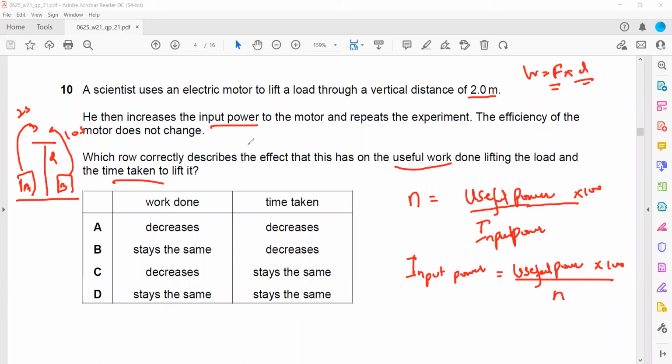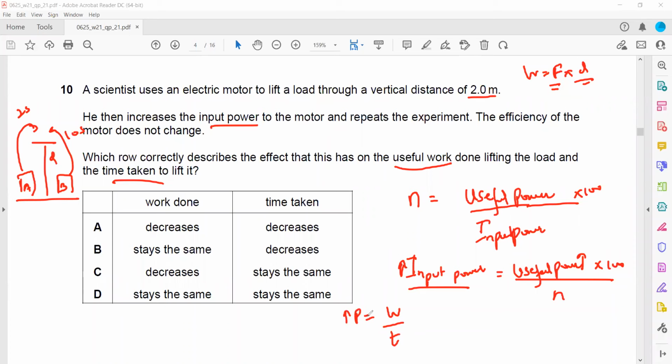Why does the work done not change? Because work depends on the force we apply and the distance we move the object, not on power. If we increase the input power, the output power will also increase, and power is work divided by time.